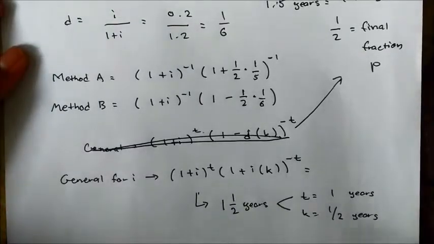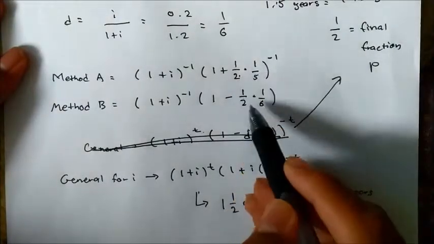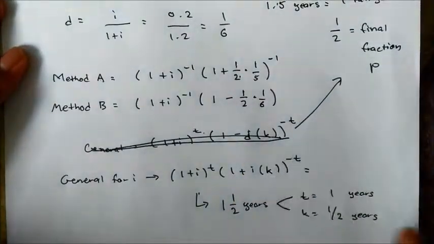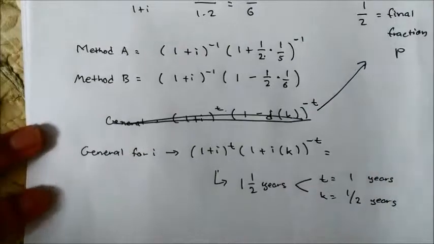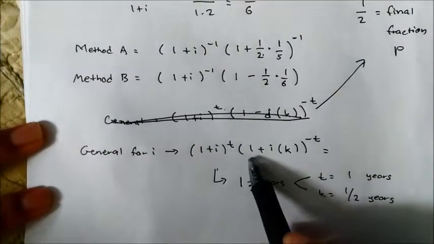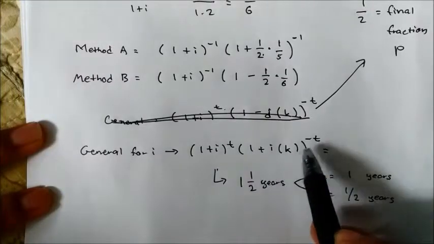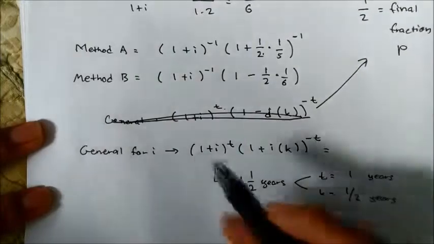Now, before I proceed, let's look at why I put 1 over 2 here and here. Since the question gave the final fraction periods, the general formula that we need to use is (1 plus i) to the power of t times (1 plus i times k) to the power of negative t, if the question asks for present value.